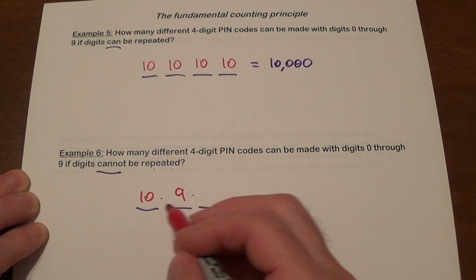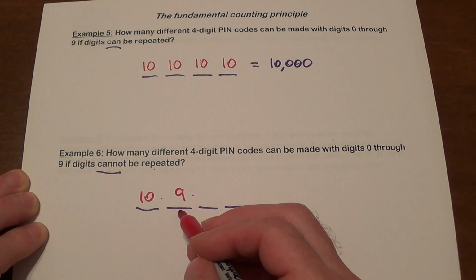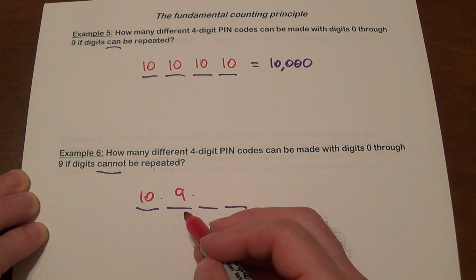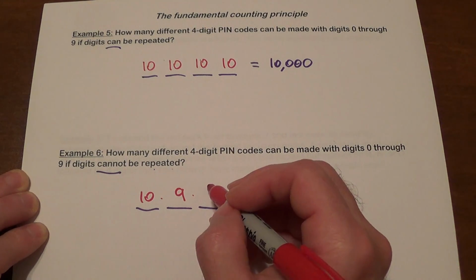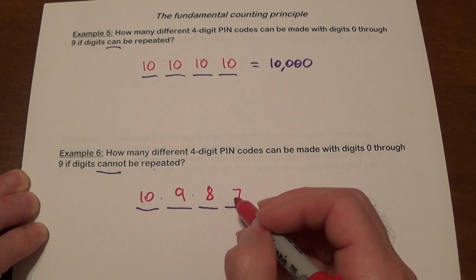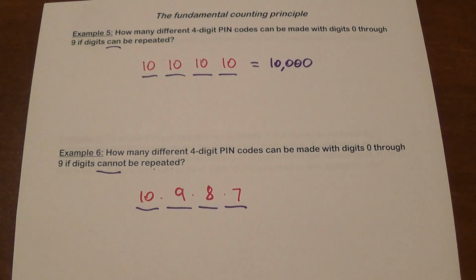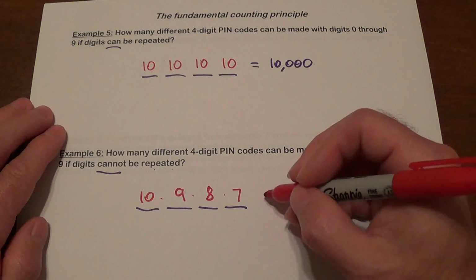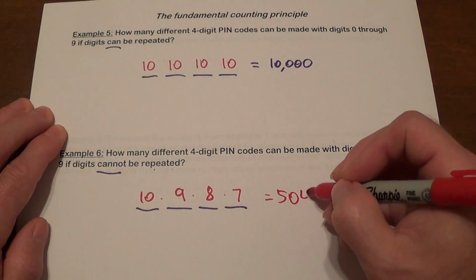For the third place, you already used 2 digits. You're going to be left with only 8 digits to choose for the third position and 7 here, right? So now it's going to be 10 times 9 times 8 times 7, and that's going to give us 5,040.